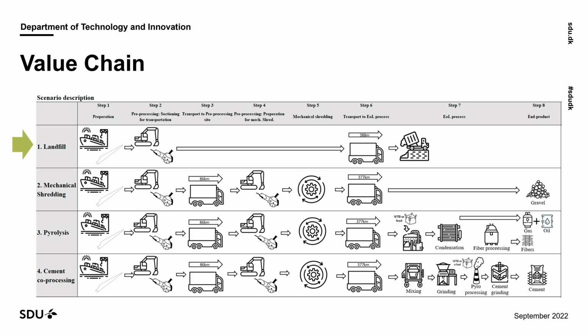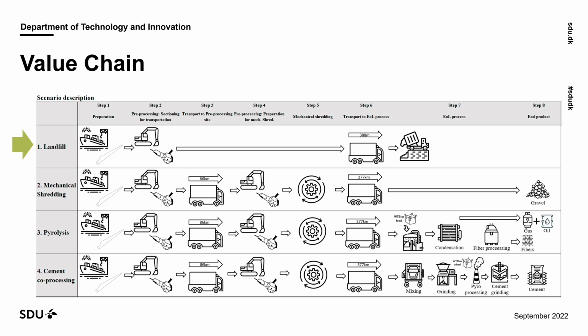Then after step 5, it's transported to Bremen, as I showed on the map before. And here it goes through the final processing in step 7, and that differs between the different technologies, of course. And then finally in step 8, you have an end product that can be sold to potential off-takers.